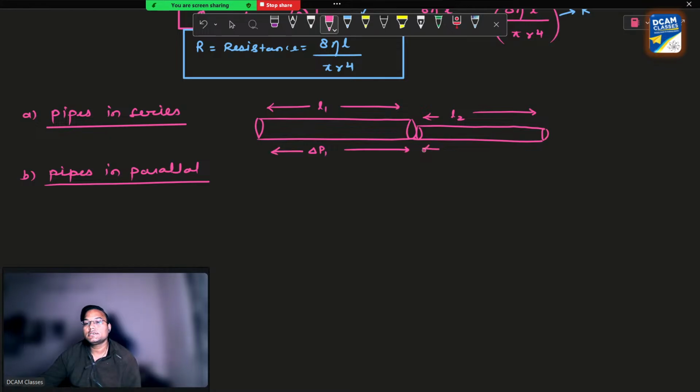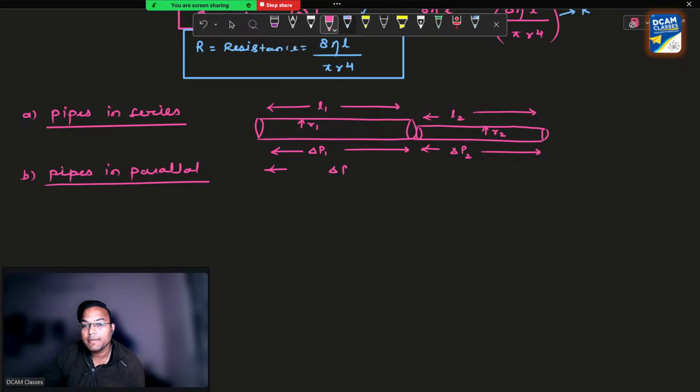Pressure across this is delta P2. This is a series combination. The radius of this is R1. Radius of this is R2. Now in this, the total pressure difference delta P across these two will be equal to what? Delta P is equal to delta P1 plus delta P2.